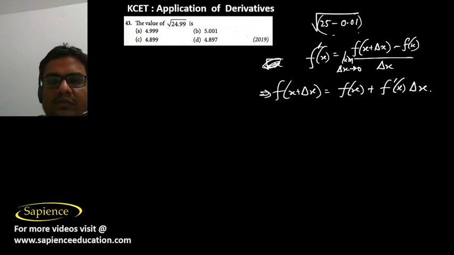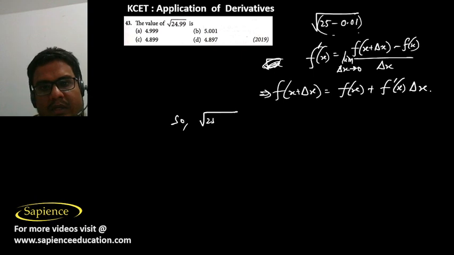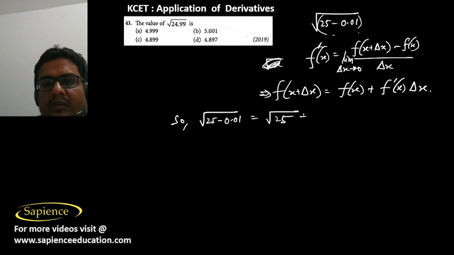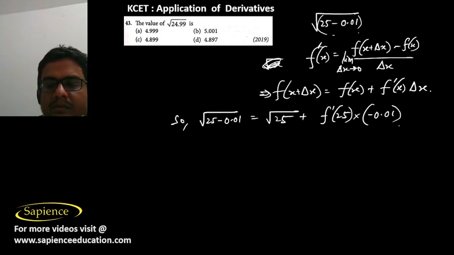So this rule for approximation can be used. Here we need to find the root of 25 minus 0.01. That is equal to f of x, which is root over 25, plus f dash 25 into delta x, where delta x is minus 0.01.